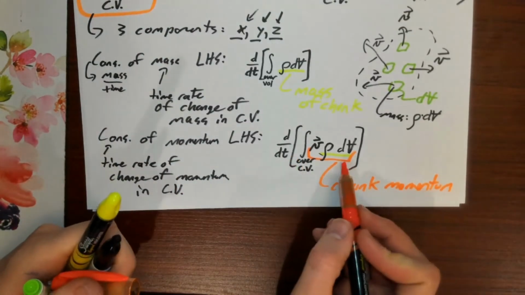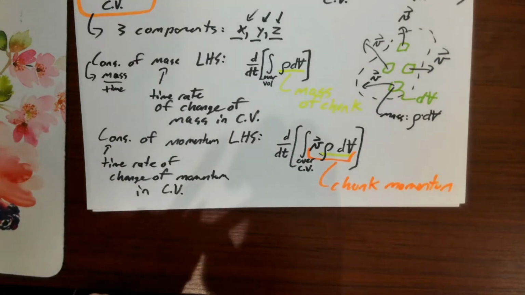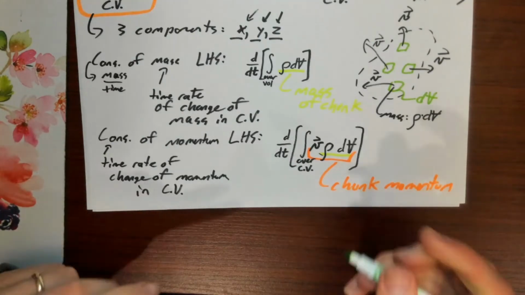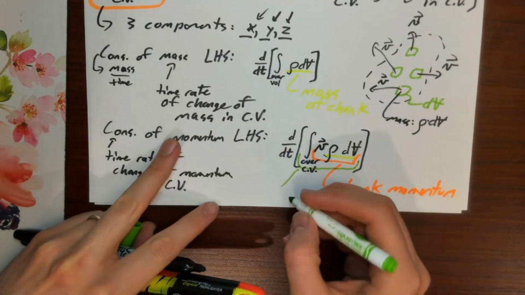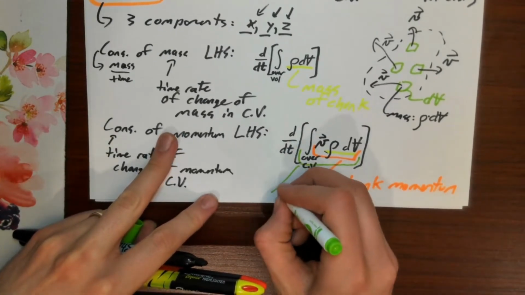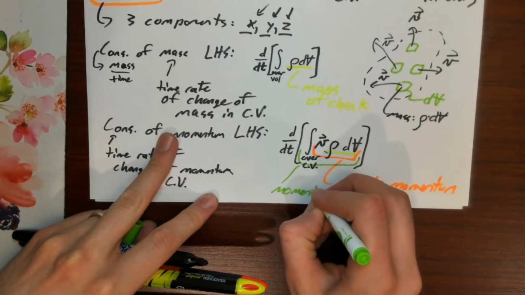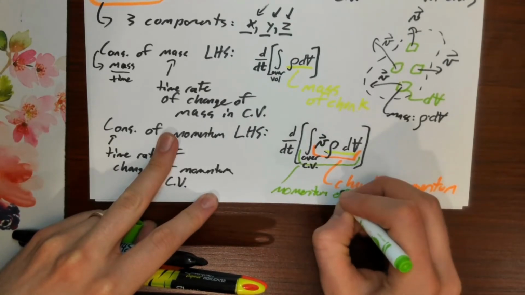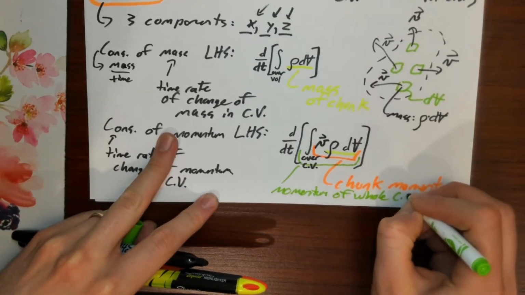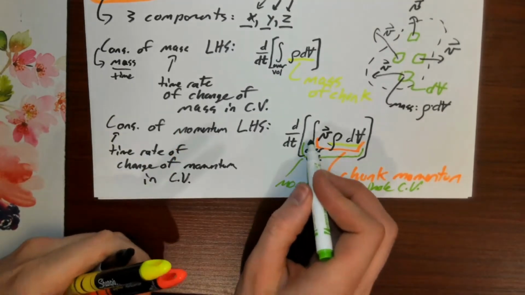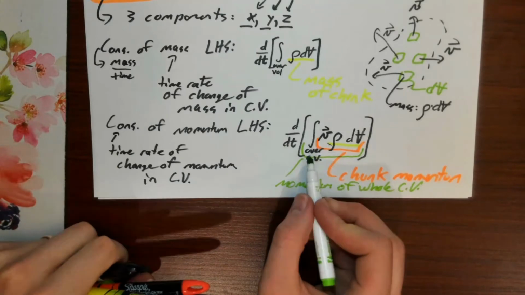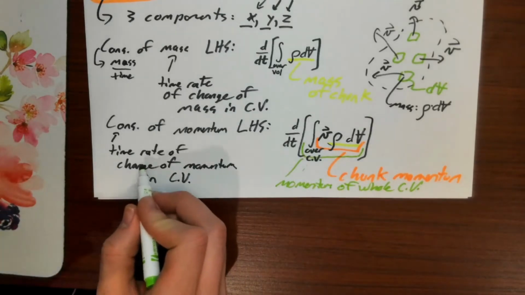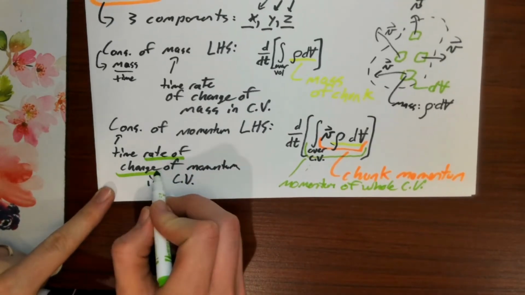If I integrate all of the momenta of all of those little chunks, that's the momentum of the whole control volume, right? By adding up all the momenta of all the little chunks, I get the momentum of the overall control volume, and then its time derivative would be the rate of change of that, right?